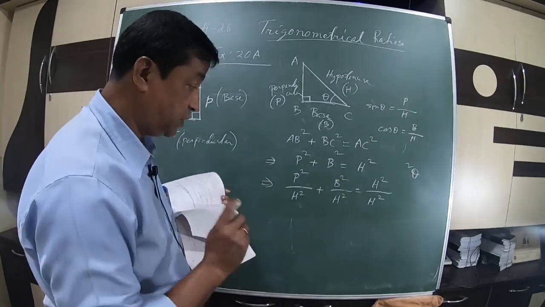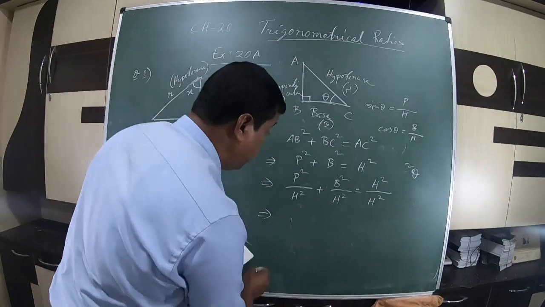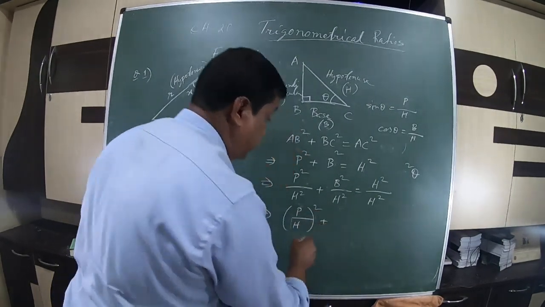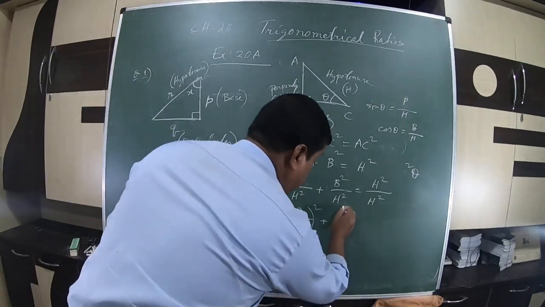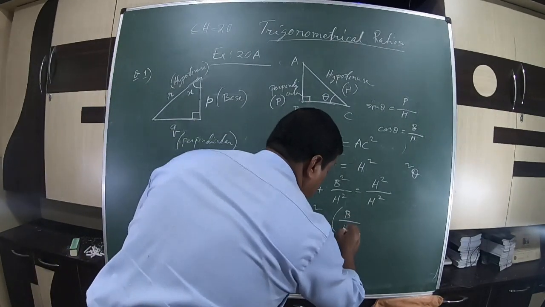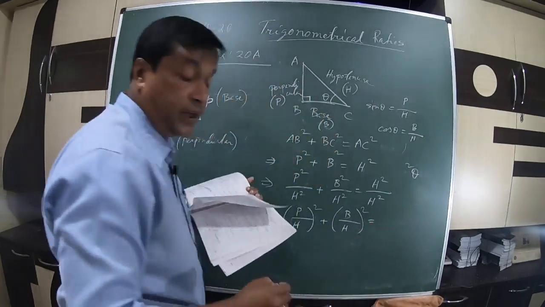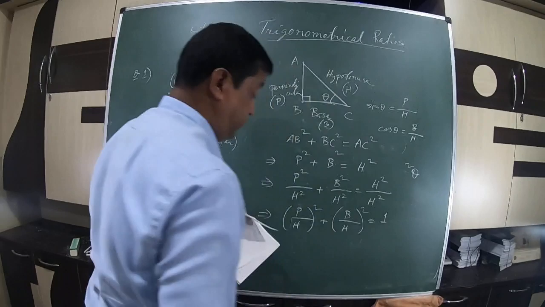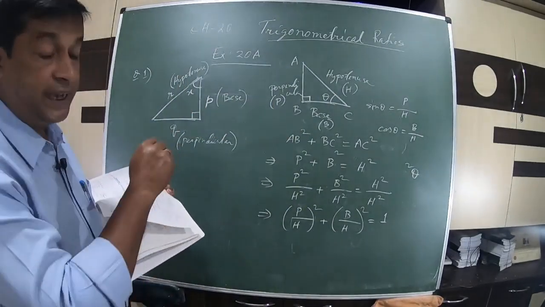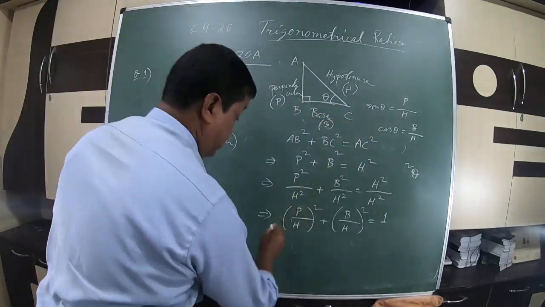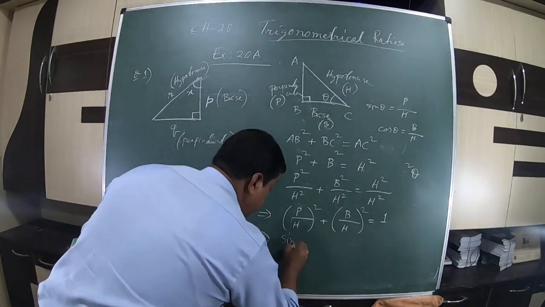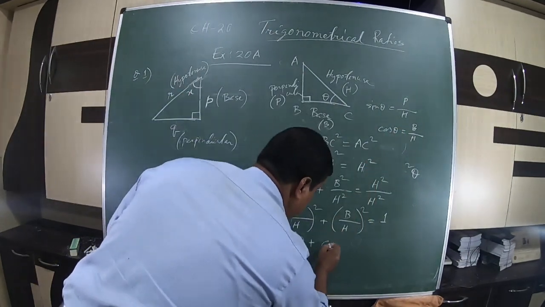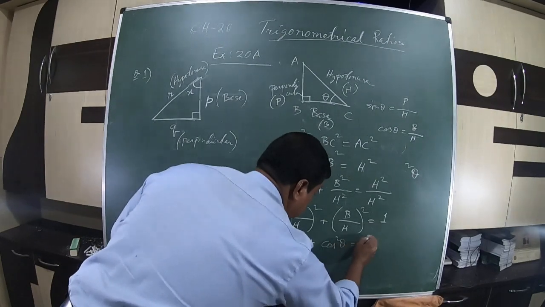So P by H whole square, because the square is there on both, plus B by H whole square, and H square by H square will be 1. Now what is P by H? That is sin theta. So that is sin square theta plus B by H, that is cos square theta, equal to 1.